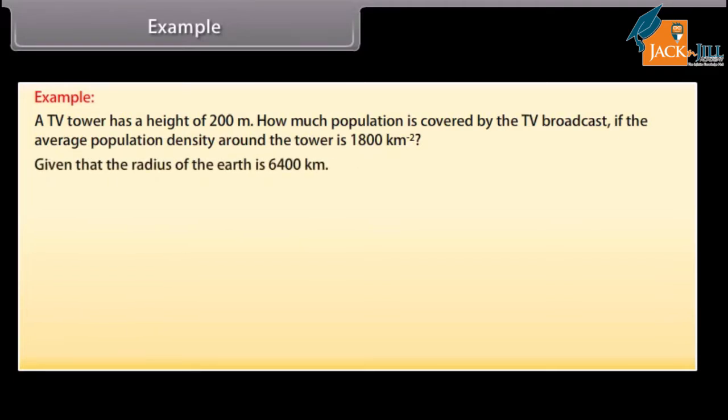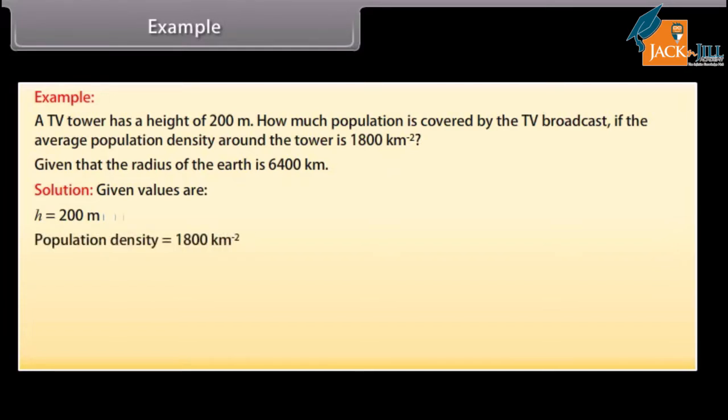Given that the radius of the earth is 6400 kilometers. Let's see the solution. Given values: h is equal to 200 meters, population density is equal to 1800 per kilometer squared, Earth radius is equal to 6400 kilometers.